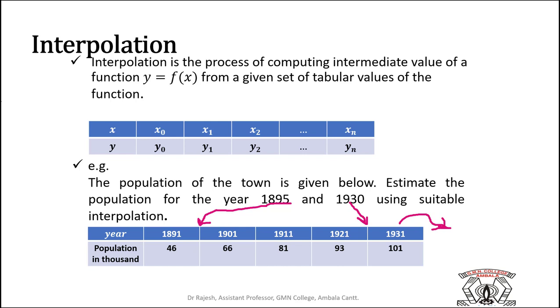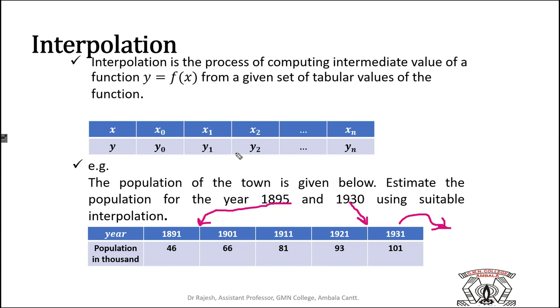So we are not interested in that. So this is all about the definition of interpolation. In interpolation, the value is in between the given points.